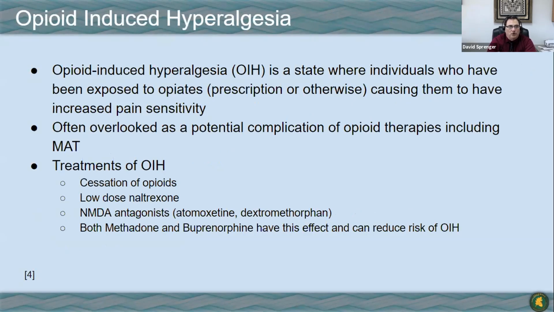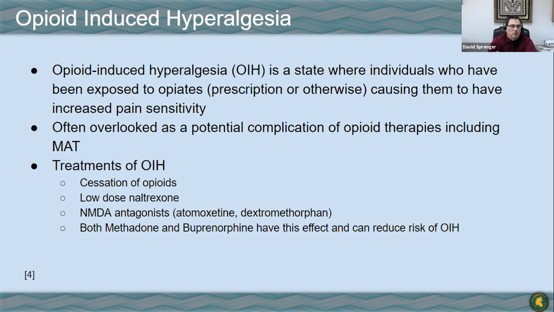We briefly mentioned opioid-induced analgesia before. This is a state where individuals who have been on opioids for some period of time end up becoming more sensitive to pain, and sometimes it even turns to allodynia, which is folks that experience pressure or some other stimulus that's not necessarily considered to be painful as a painful stimulus.